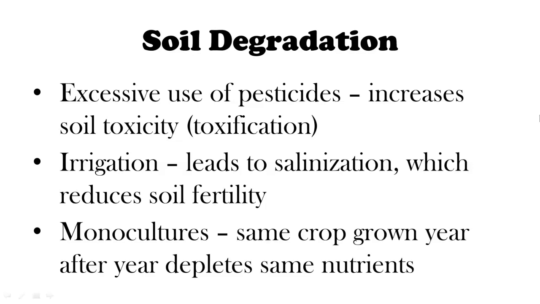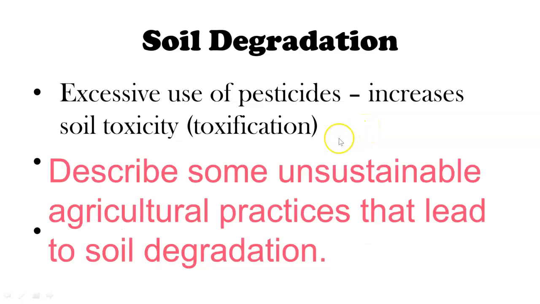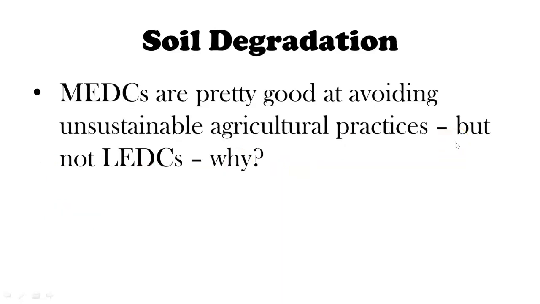Monocultures have also been proven to be an unsustainable agricultural technique, and this is when the same crop is grown year after year. This means that the same exact nutrients are being depleted from the soil year after year, and the soil will end up losing its fertility. Make sure we can describe some of these unsustainable agricultural practices that lead to soil degradation. So what we see is that in MEDCs, we're pretty good at avoiding unsustainable agricultural practices, but not so good in our LEDCs.